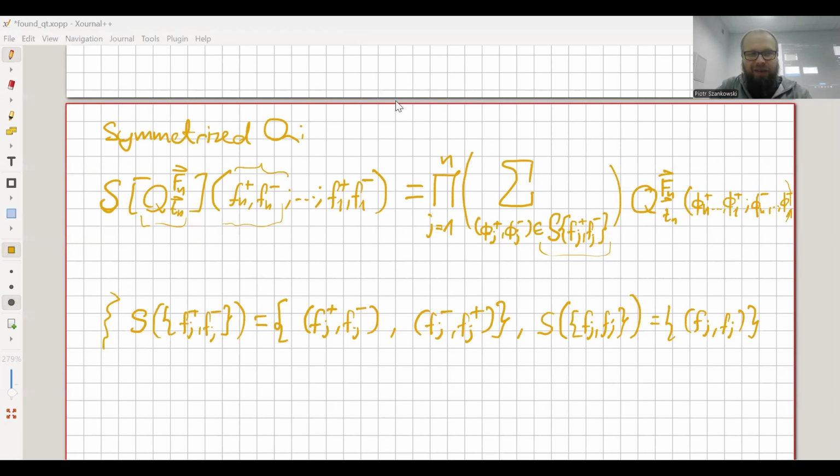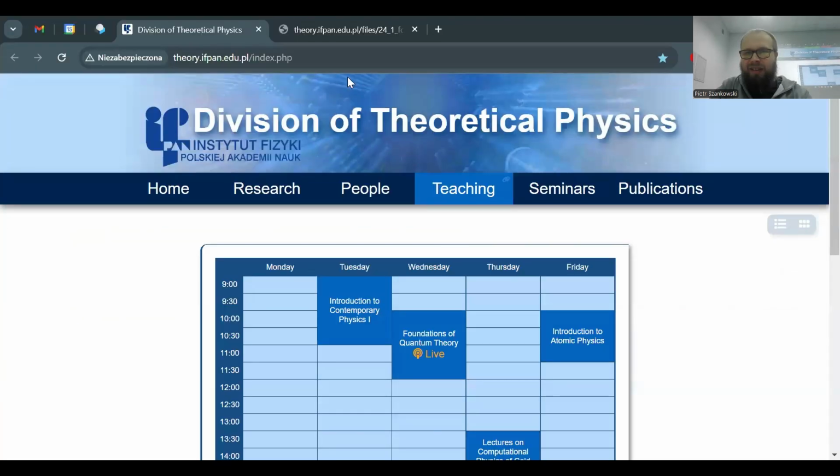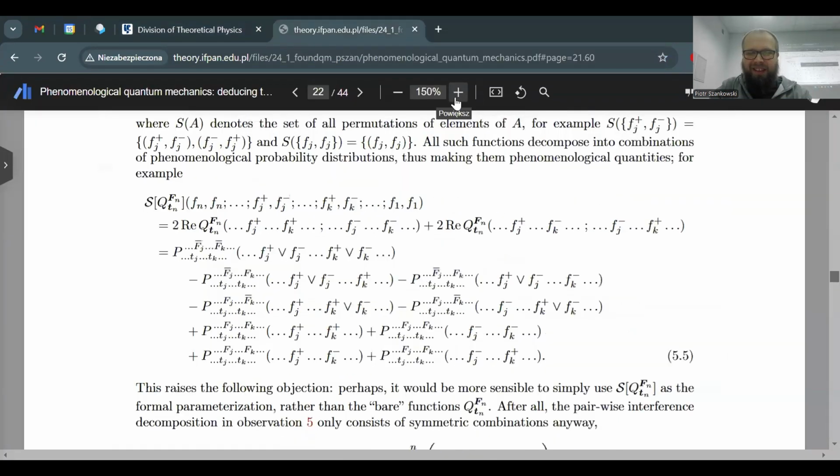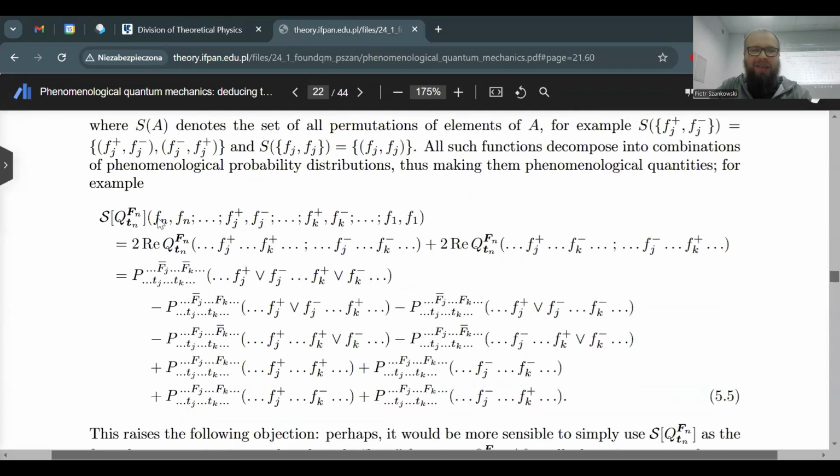hopefully I won't break the Zoom by doing this. Here is, so for example, if you take SQ where you have almost diagonal except for two pairs. Okay, so at J you have F plus, F minus, and at K. This thing equals the sum of two real parts of Q, where you can see the differences.